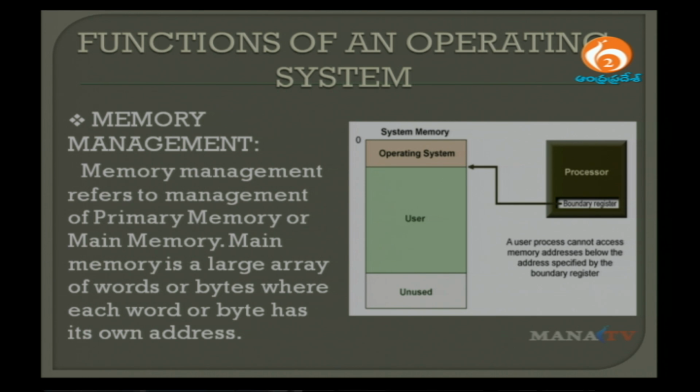If you can see the image, we have system memory. In system memory, we have the operating system and the user. And also we have unused memory.